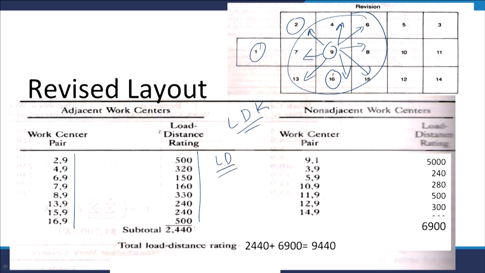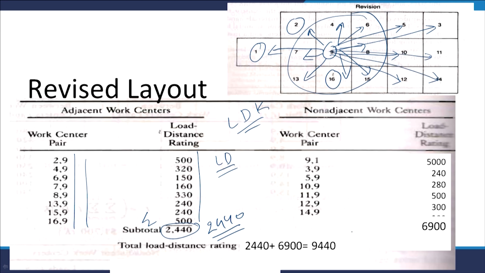In the revised layout, the sum of the load into distance factors for the adjacent centers comes out to be 2440. Now, we consider non-adjacent centers like 9 to 1, 9 to 5, 9 to 10, 9 to 12, 9 to 3, 9 to 11, 9 to 14.